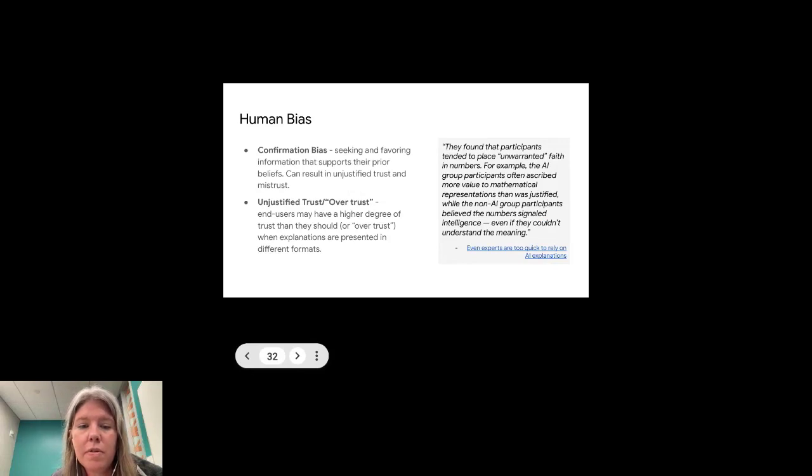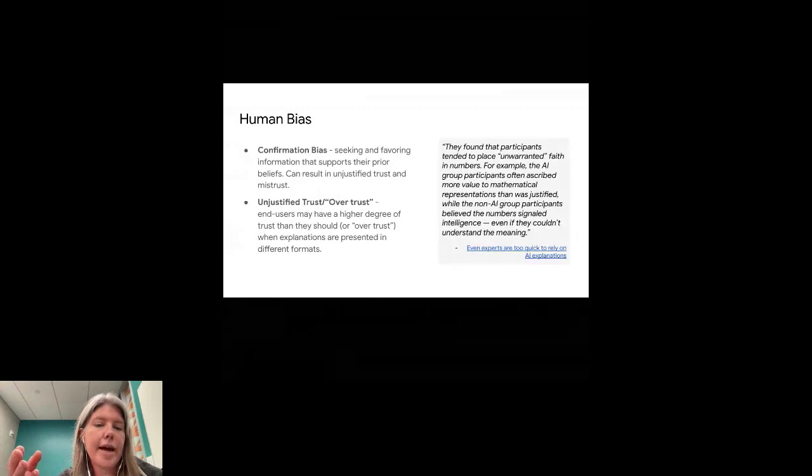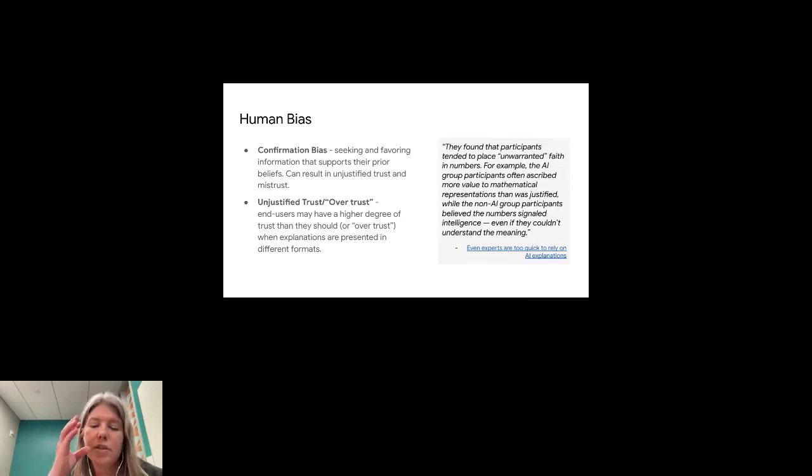There's also one I'm sure a lot of people are familiar with, confirmation bias. So if we see a prediction that is in line with what we think should be happening, then we're more likely to just trust it and move on with our lives. Whereas if we see a piece of information that goes against our prior beliefs or what we thought would be true, then we're more likely to interrogate it and do more investigation around it.